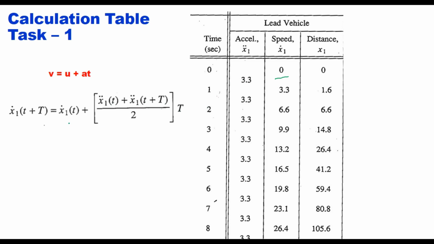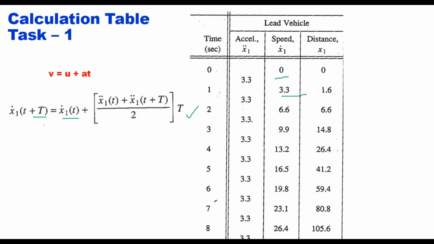So initially for time t equal to 0 plus 1, speed will be 0 plus 3.3 into time interval 1 second, that is 3.3.